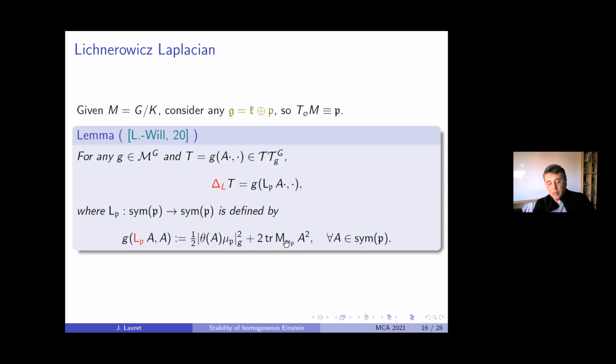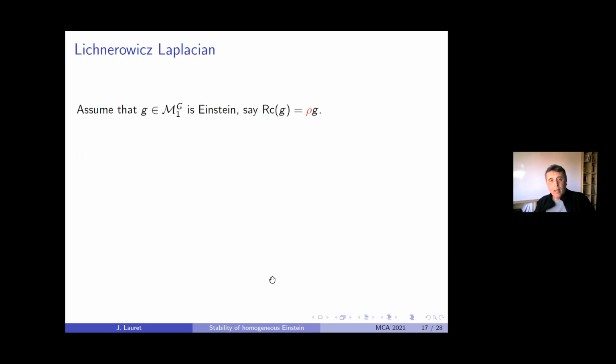But this formula is very complicated. In the naturally reductive case, it simplifies a little bit, and so we were able to do something. What we found is a formula to compute this Lichnerowicz Laplacian in terms of known data.